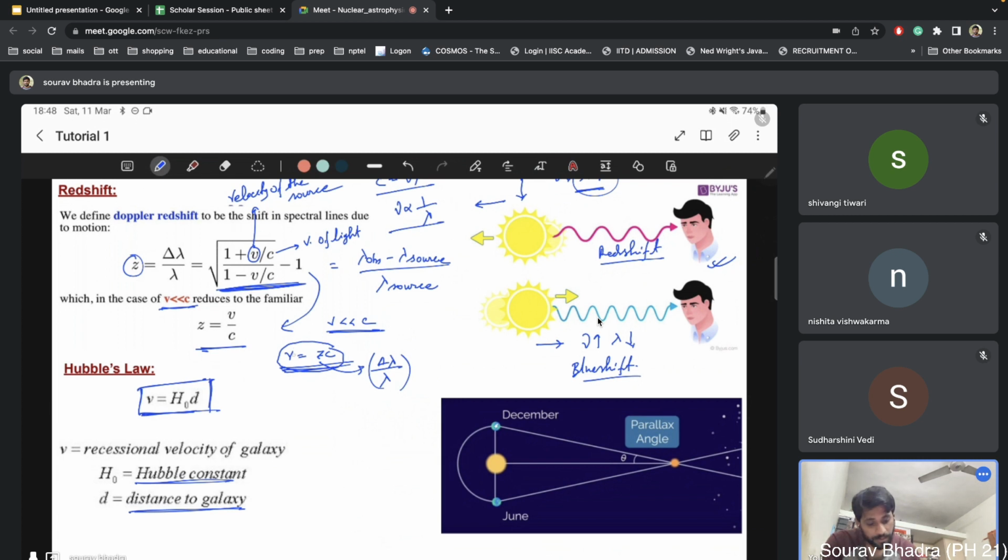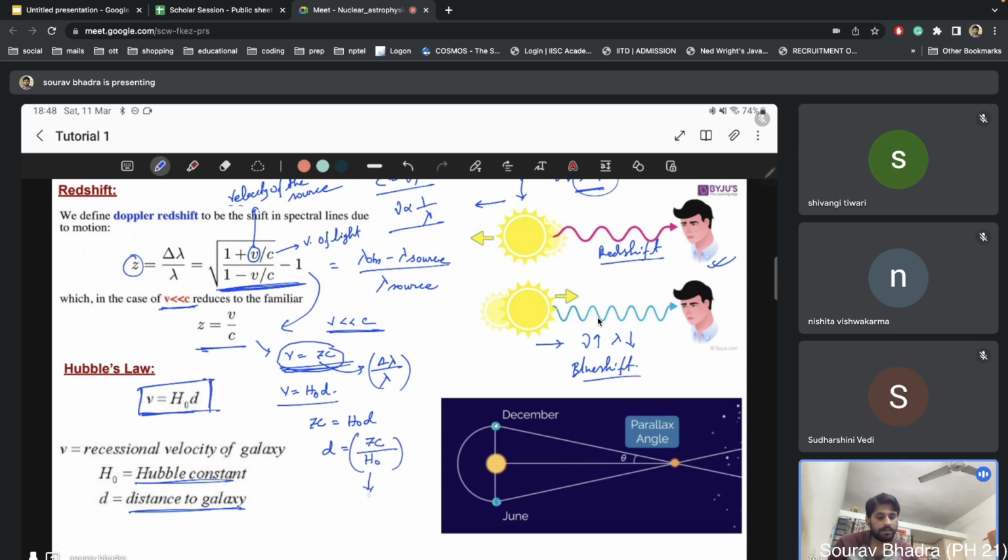Okay, from the redshift you have calculated V equals Z c. From the Hubble constant you have V equals H0 D. Now you can compare these two. That means Z c is equal to H0 D. That means the distance is Z c by H0, right?